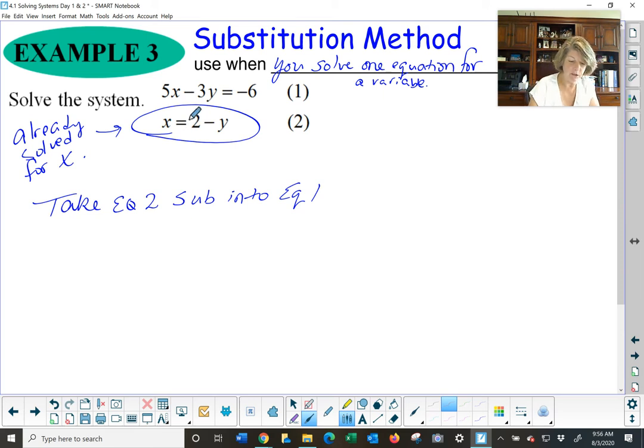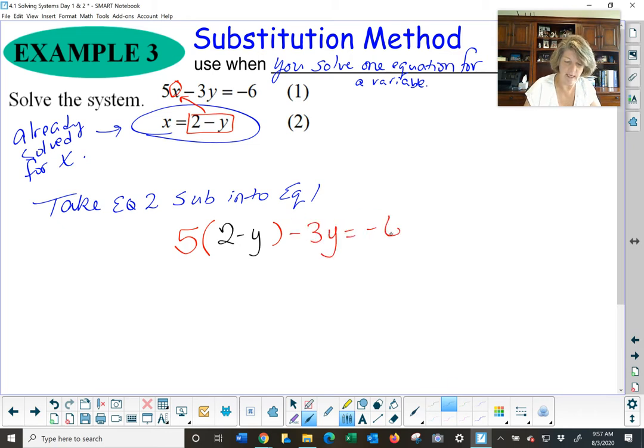I'm going to take equation 2, and x represents 2 minus y, so that's going to substitute in for 5x minus 3y equals negative 6. So this is going to look like 5 times (2 minus y), minus 3y equals negative 6.